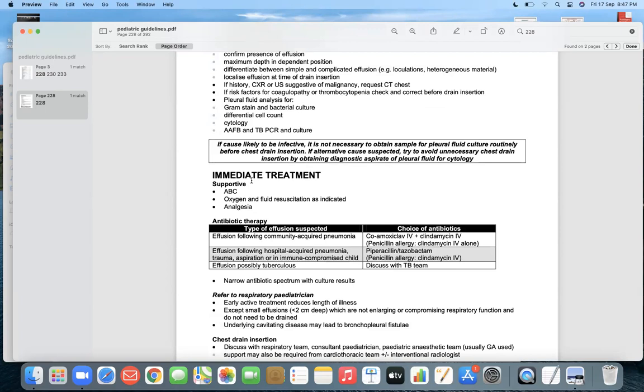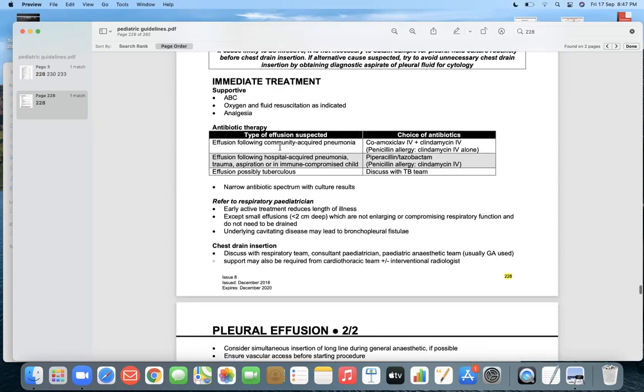Immediate treatment is supportive: start with ABC, oxygen and fluid resuscitation as needed, and analgesia. Antibiotic therapy is very important. Effusion following community acquired pneumonia: amoxiclav IV or clindamycin IV; if penicillin allergy, only clindamycin.